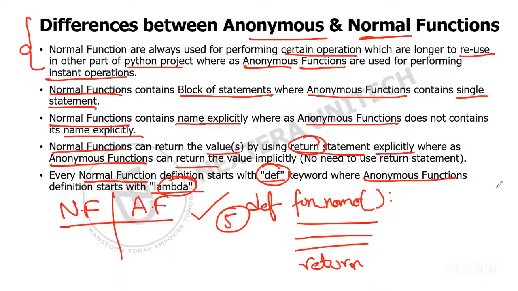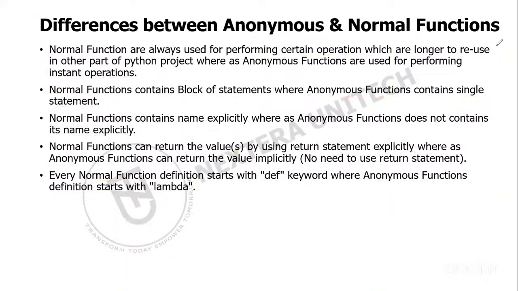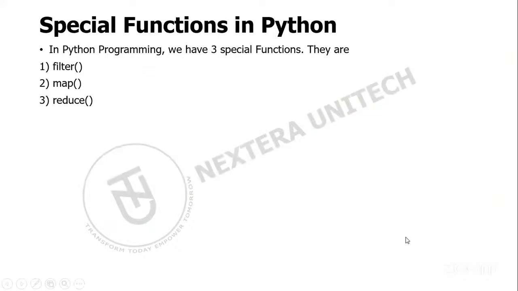Right. So we have understood anonymous functions as well. Then let us also understand 3 more functions. They are called special functions in Python. What are the 3 special functions in Python? The first one is filter.